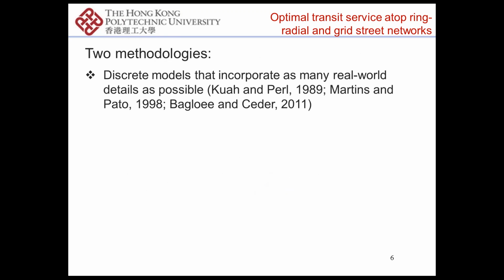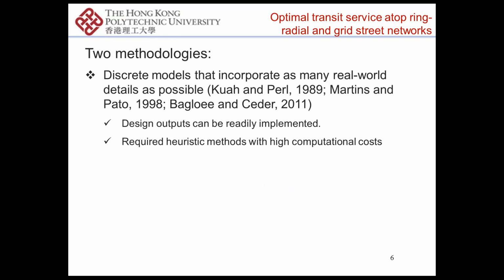However, those models usually require heuristic methods with high computational costs, even for a single transit route. And also, due to this high computational burden, the solution space was often limited to a select number of route and stop location candidates, resulting in suboptimal designs.